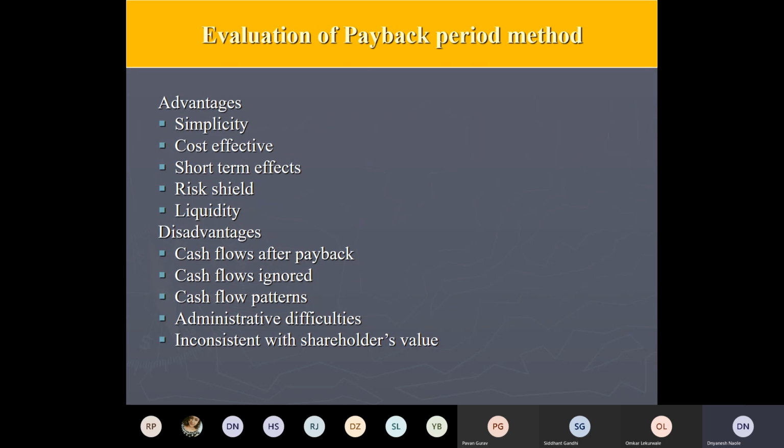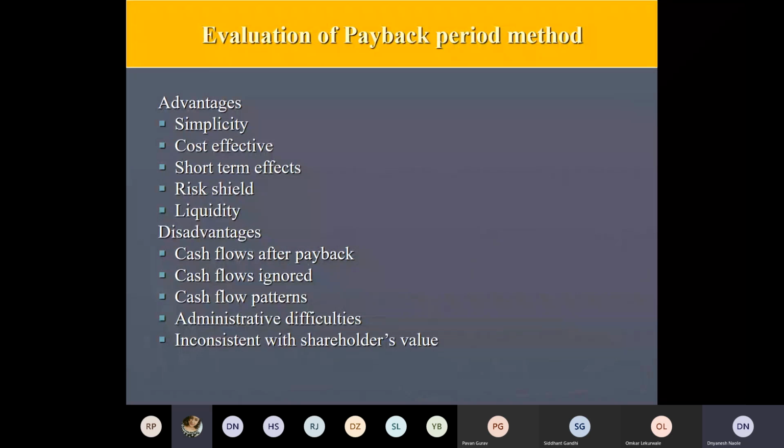Then the last one is inconsistent with the shareholders' value. This is very obvious from what we are discussing till now, because profit maximization as a goal is not the objective for financial decisions, that we have already discussed in detail.